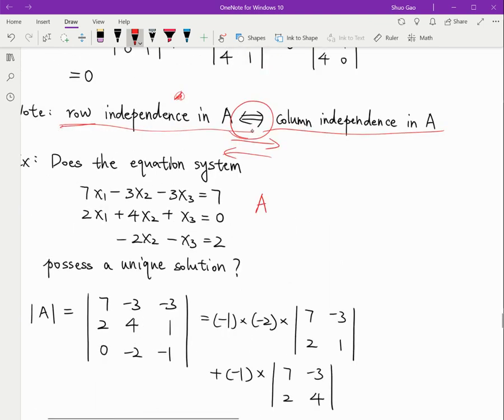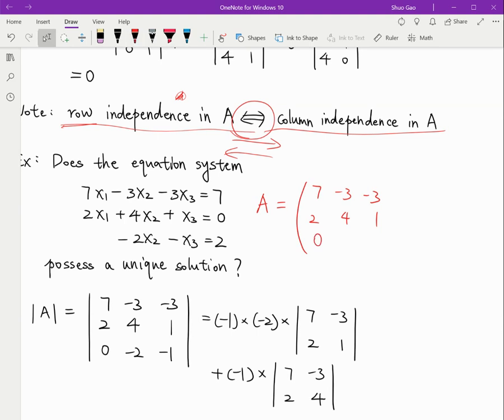So we know that A is the coefficient matrix. So A is just the gathering of all the coefficients in the equation system, right? So it should be 7, minus 3, minus 3, and 2, 4, 1, right? Just extract the coefficients from the equations. And 0, right?